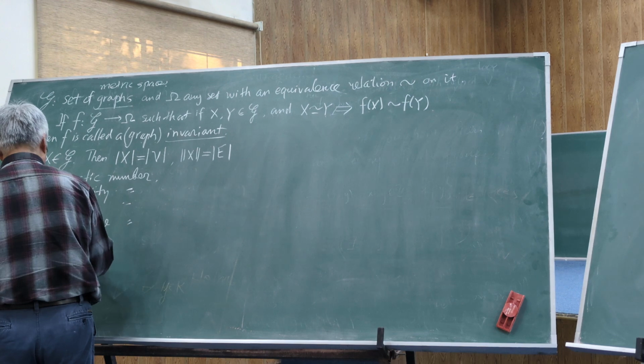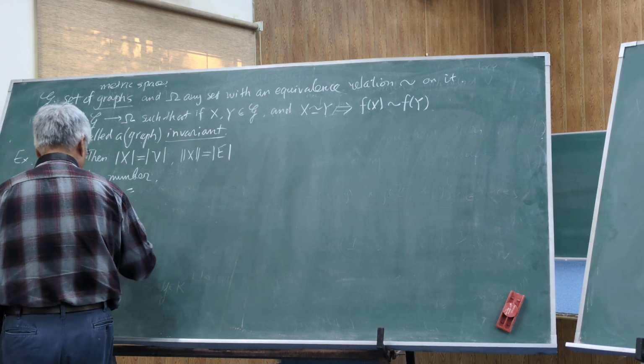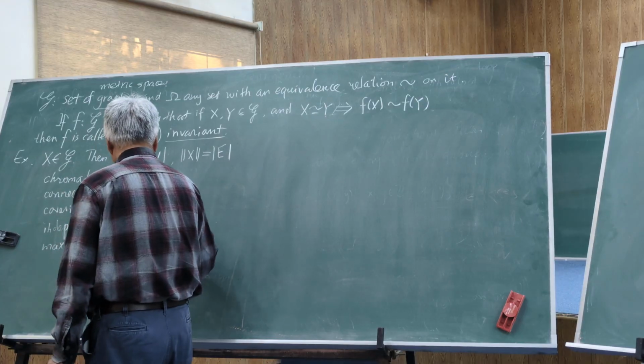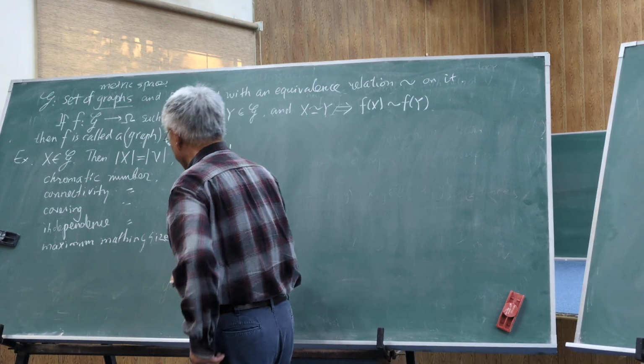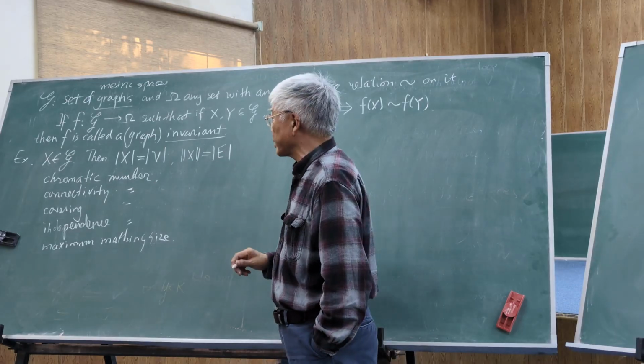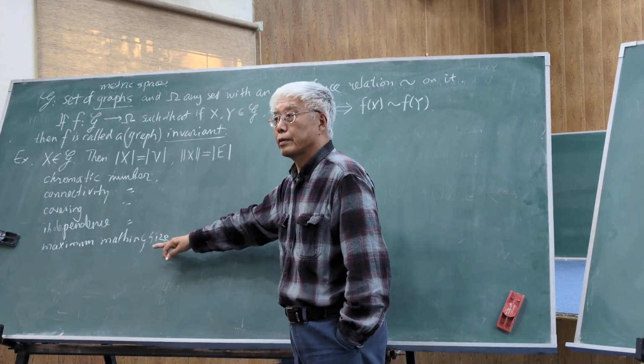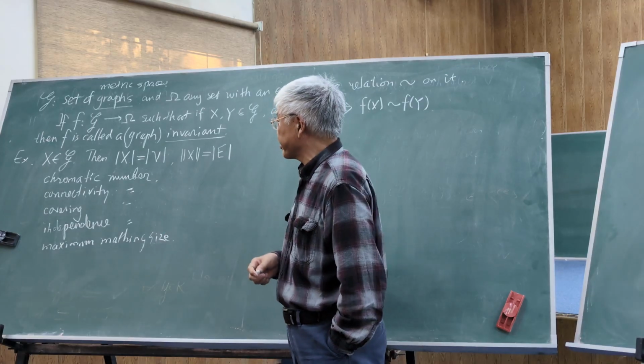Maximum matching size. If you cannot understand, please stop. We are sweeping through the whole country, because we are listing most of graph theory already, most of finite graph theory.